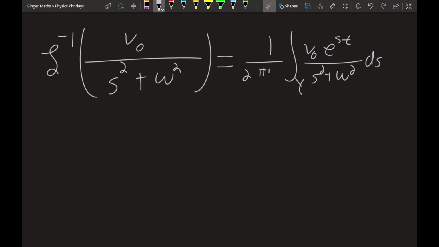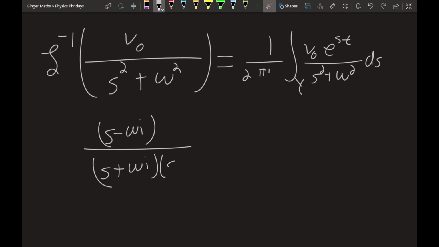What we're going to have here is just s minus omega i over s plus omega i, s minus omega i, and this right here is just going to be 2 omega i when in the limit, times v naught times e to the omega i t.